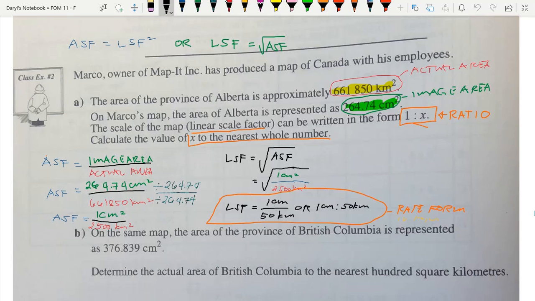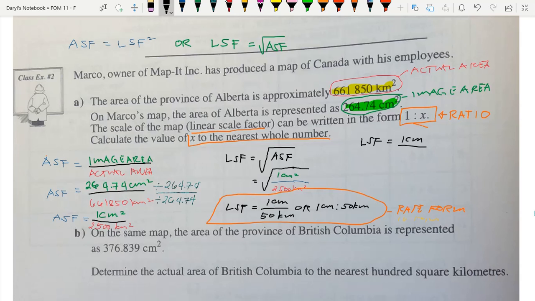Again, I want to convert my kilometer to centimeters. Well, 50 kilometers to centimeters: 1 kilometer is 100,000 centimeters.